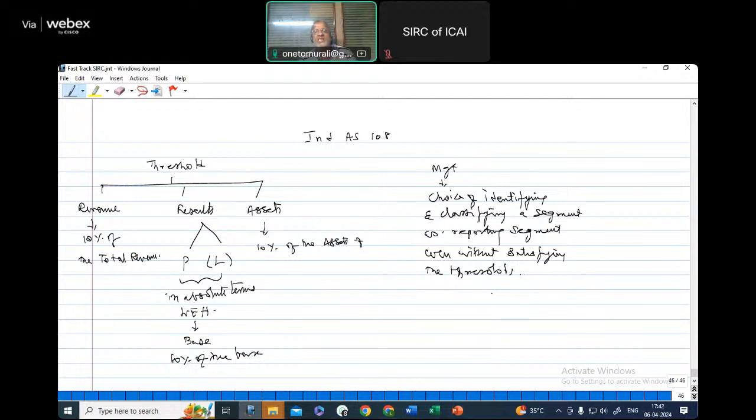The choice of identifying and classifying a segment as a reporting segment is left with the management even without satisfying the thresholds.